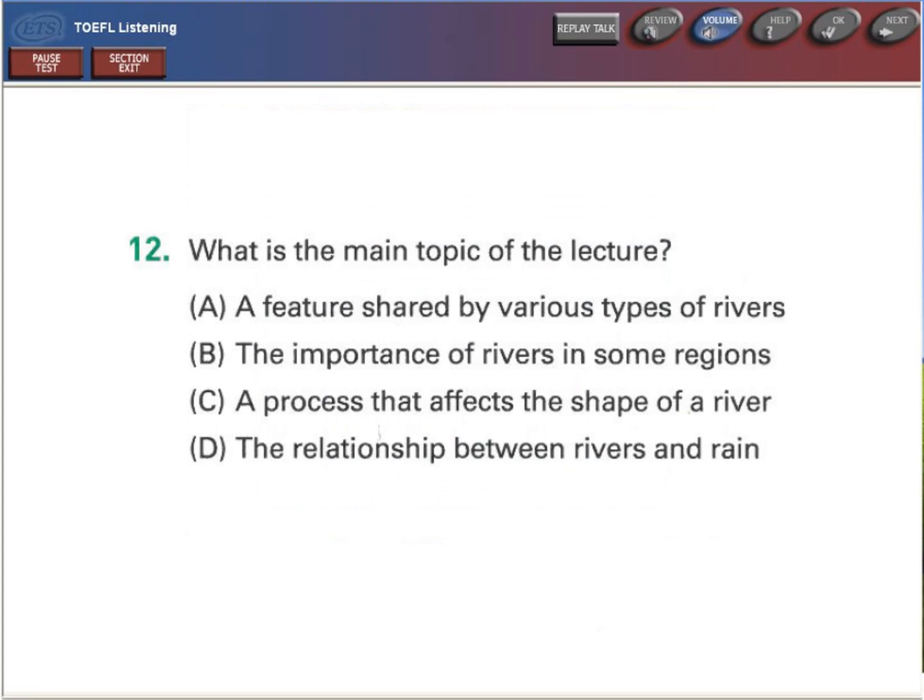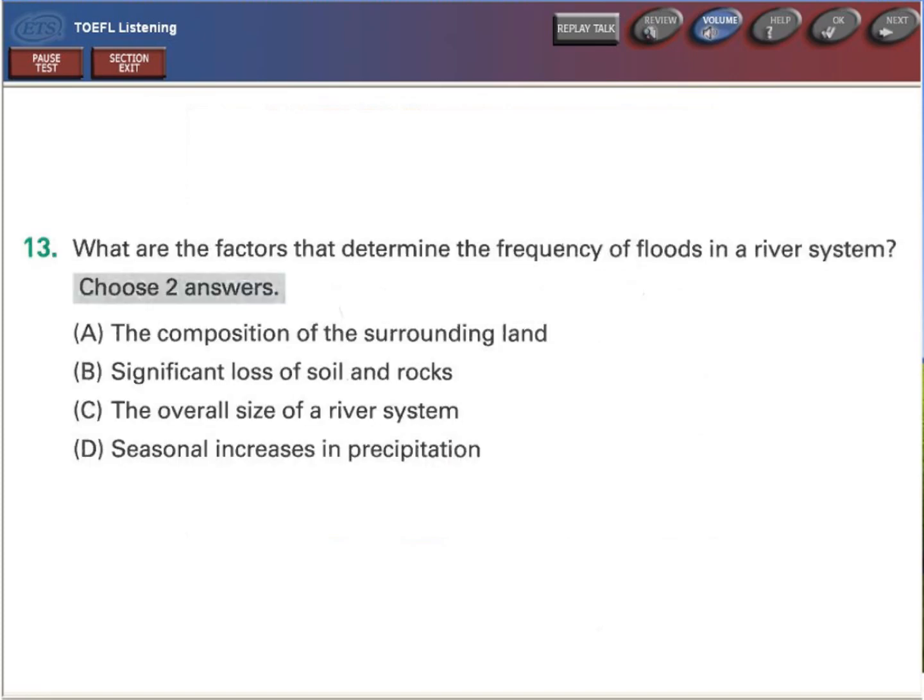12. What is the main topic of the lecture? 13.